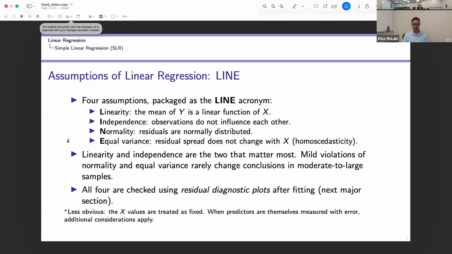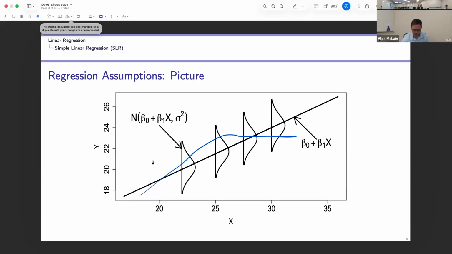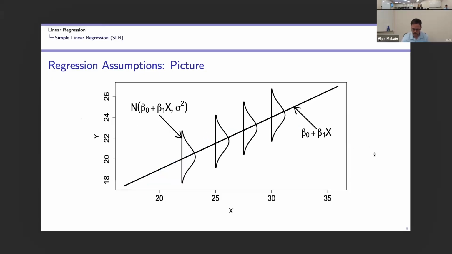Equal variance is more important than normality, I'd say, but again, if we have a large enough sample size, our results are going to be robust to that equal variance assumption. We'll talk about how to check all these assumptions as we go on here.